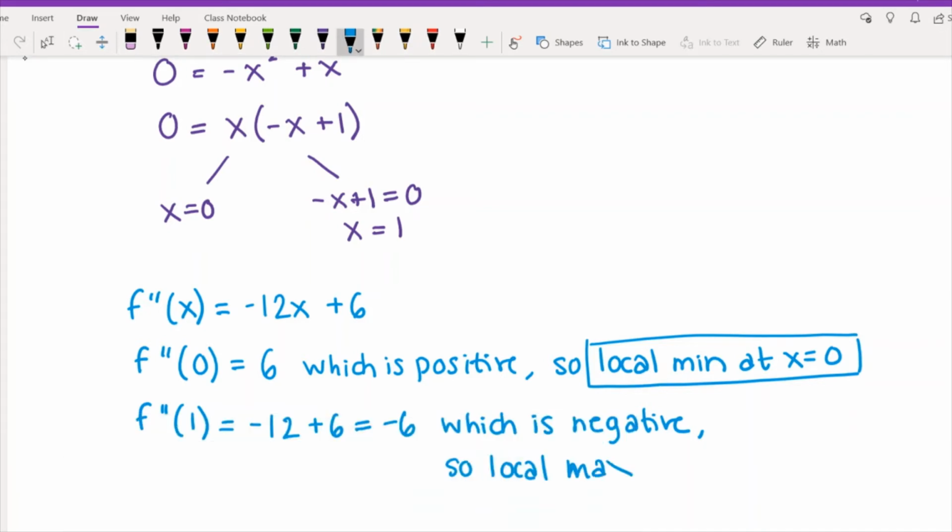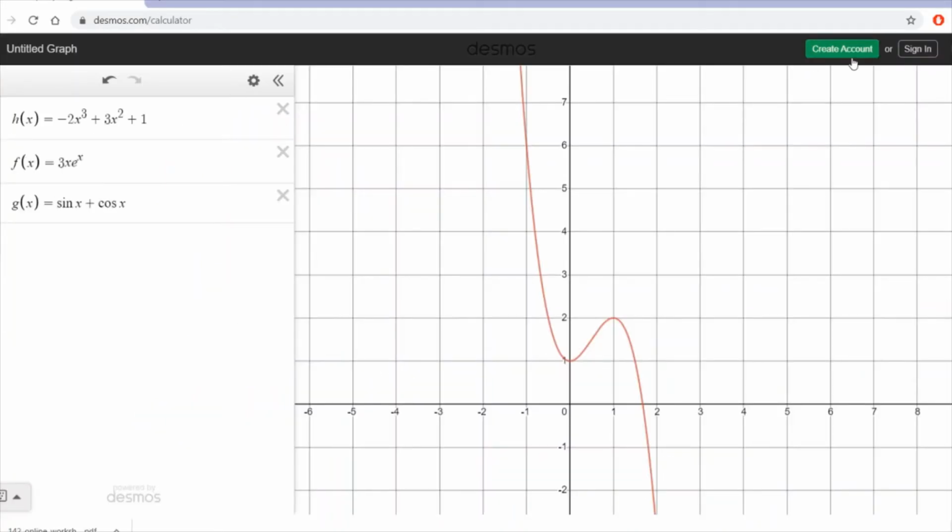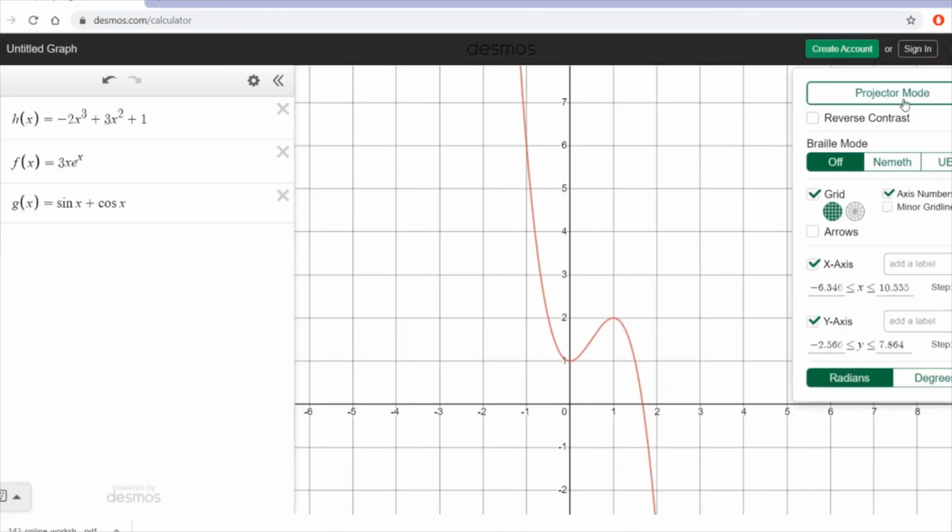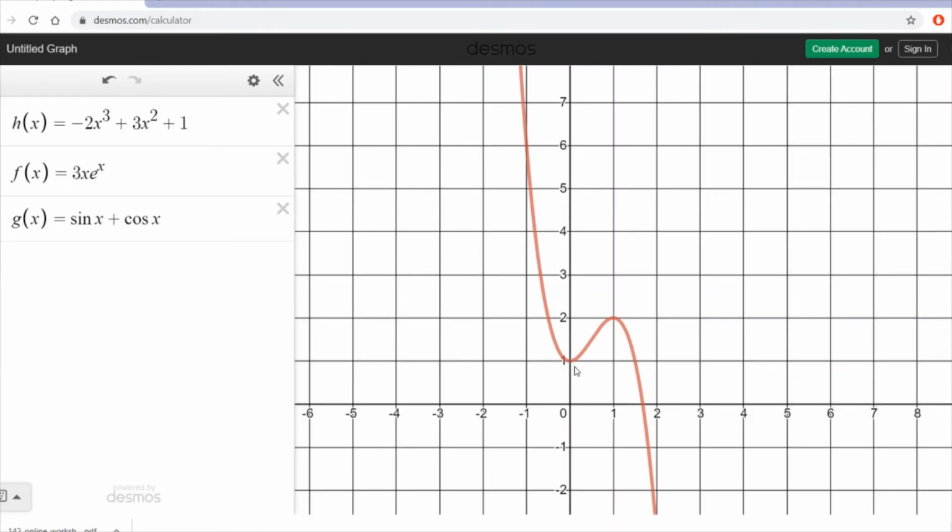Local max at x is equal to 1. So let's look at the graph of this to confirm that. So here's the function, and let me just make this a little darker. So we can see that we have, like we said, a local min at x is equal to 0 and a local max at x is equal to 1.